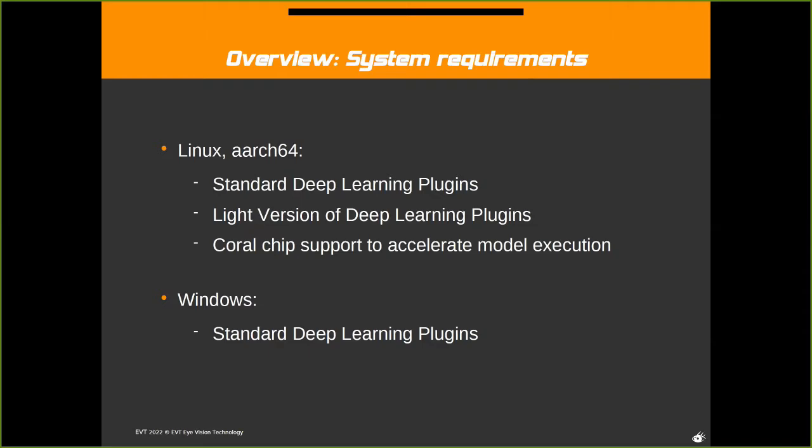A little bit more about the hardware. As I said, there is a light version of the deep learning plugins in order to accelerate the execution even more, but not only on the weaker hardware, but also on the normal PC.